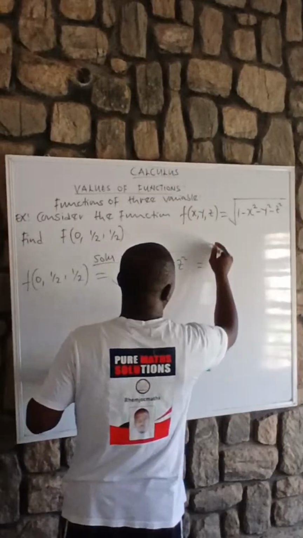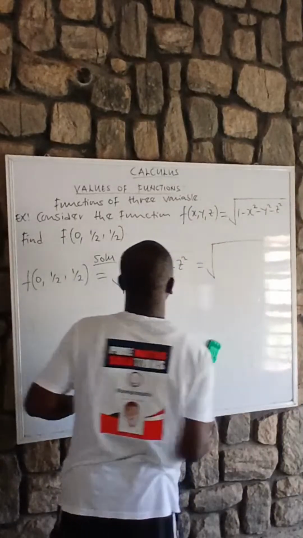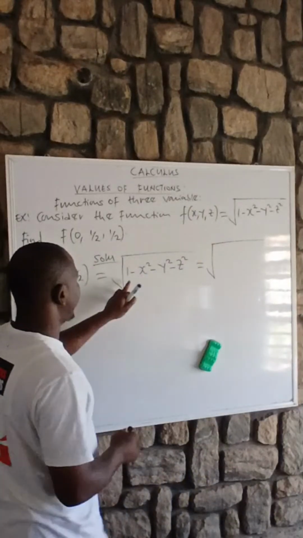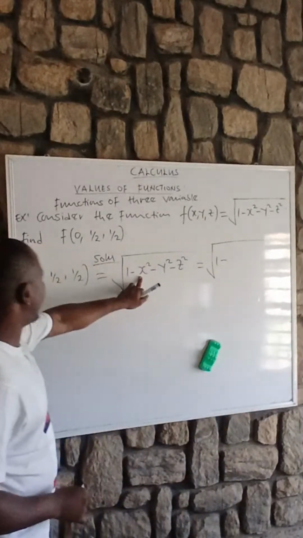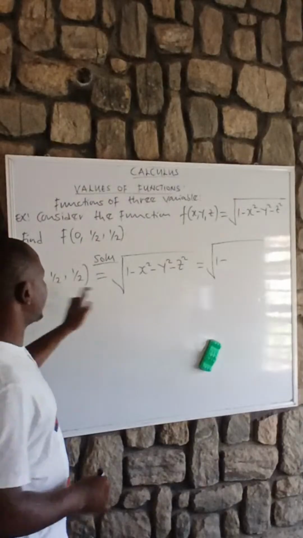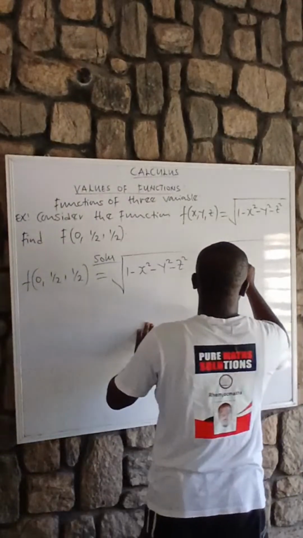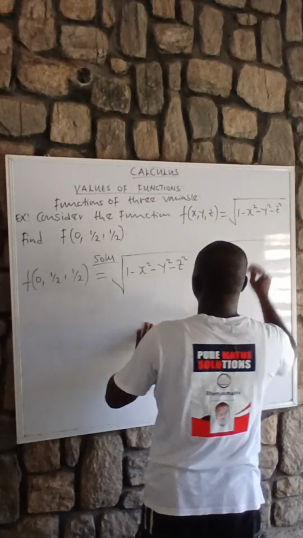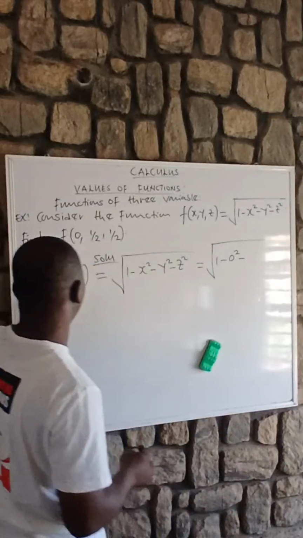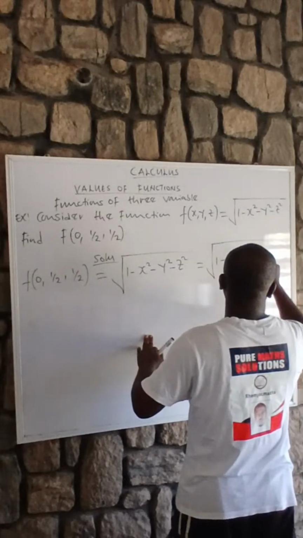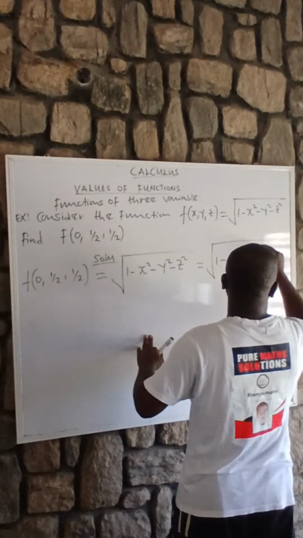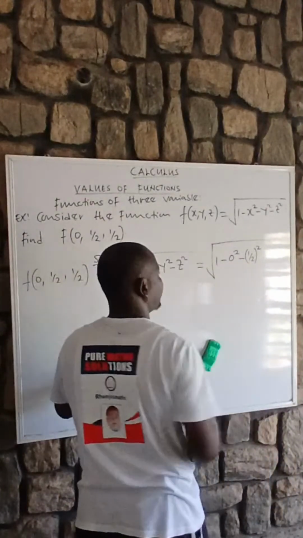This is equal to the square root of 1 minus, our x here is 0, but x carries raised to power 2, minus y here is 1 over 2, so 1 over 2 raised to power 2, because y is raised to power 2.